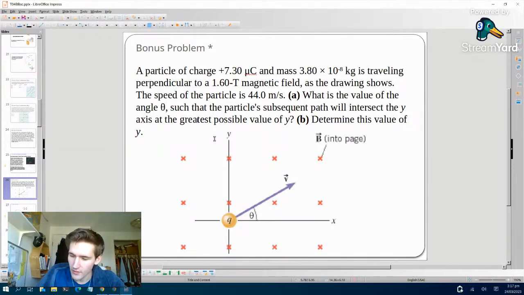So we also know that the force of the magnetic field is equal to the charge times the velocity times the field times the sine of theta.